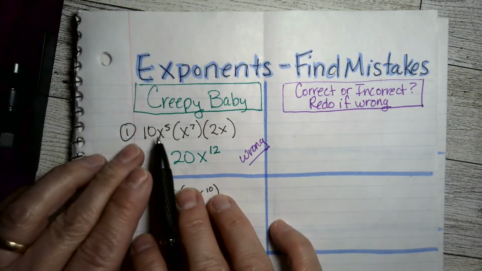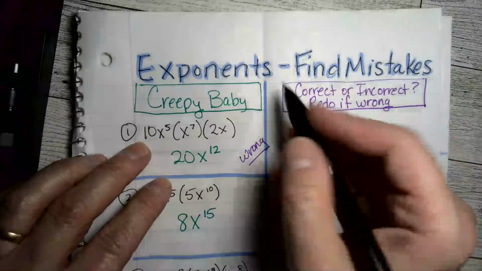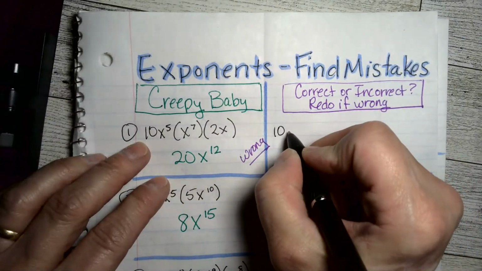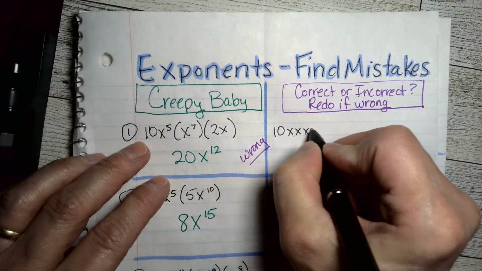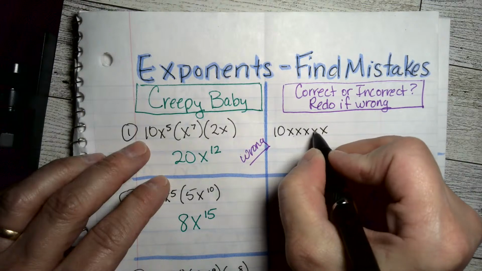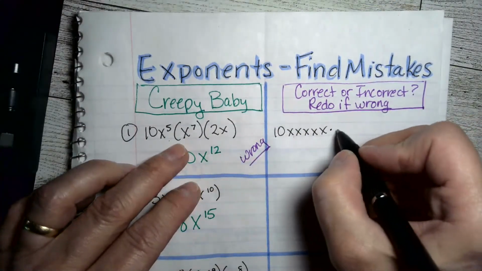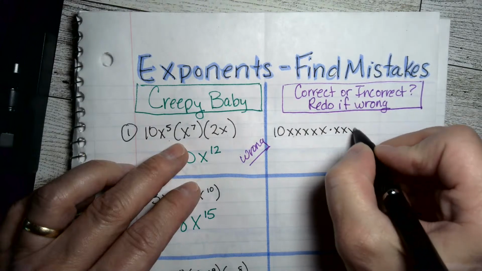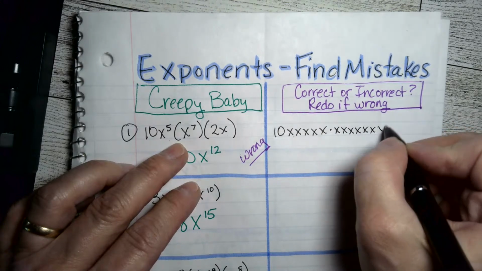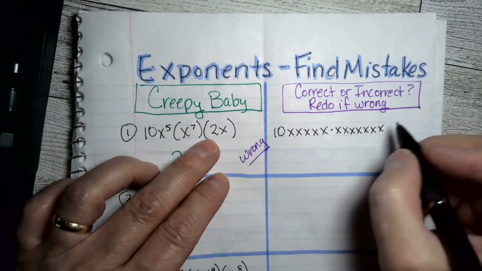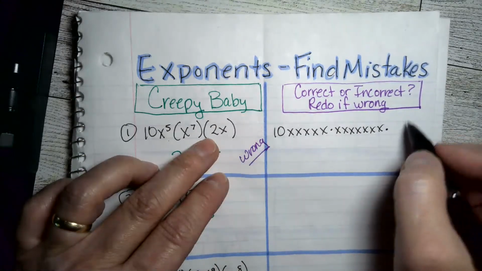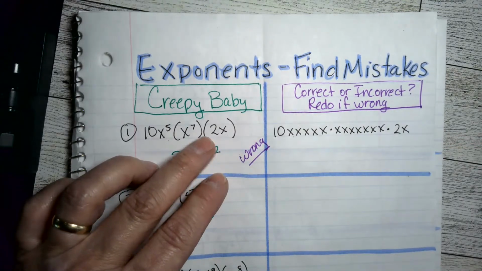So if I expand this out, 10x to the fifth is 10, and then 5 x's multiplied together. 1, 2, 3, 4, 5. That's the first term. The second term is 7 x's multiplied together. 1, 2, 3, 4, 5, 6, 7. And then the last one that's being multiplied is 2x, which is 2, and another x.